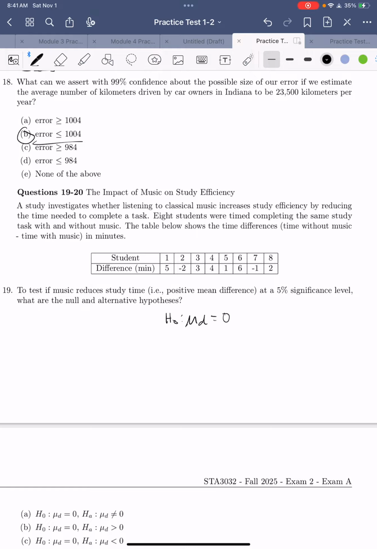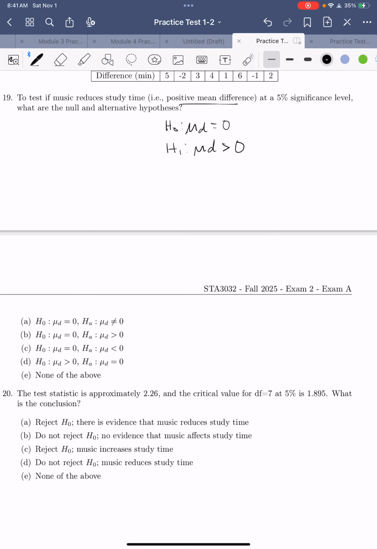And then for our alternate hypothesis, we want to see if the music reduces our study time. So they say positive mean difference, and so that means our mean difference is going to be greater than 0. And then so we have 0 here, and then we have greater than, so our answer should be B.